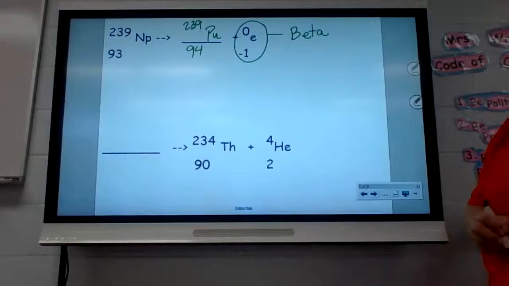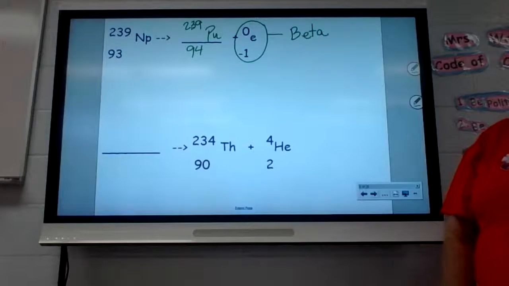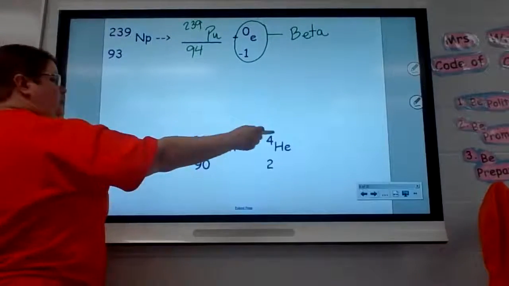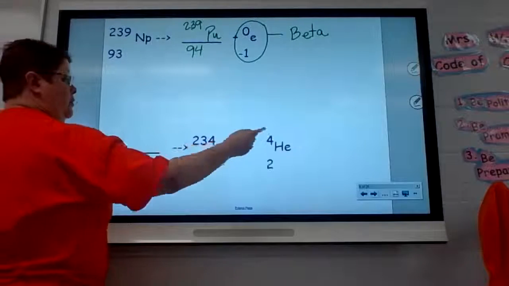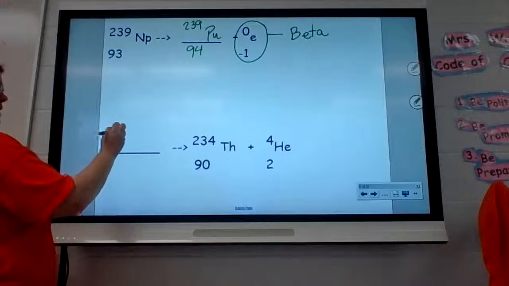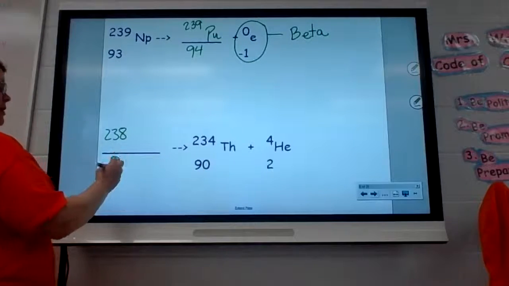All right, for the bottom one, what do we do when both numbers are on the same side? That's right, because the total here still has to equal the total on this side. So the total here, these two are totaled to what? So it has to be 238 here. 90 plus 2 is 92.